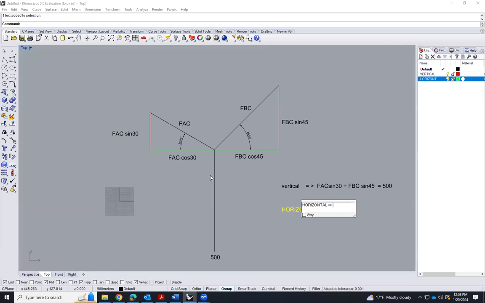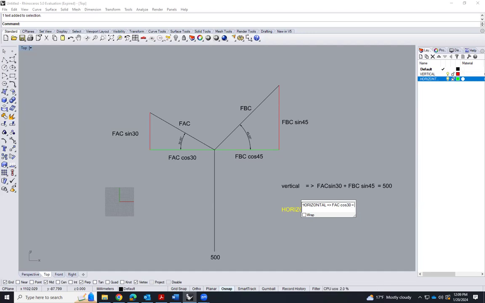Horizontally, I have to type first on one part of the equation what goes leftwards, and on the other part of the equation what goes rightwards. So what goes leftwards from this point? FAC cosine 30. Anything else? No. And then what goes right?